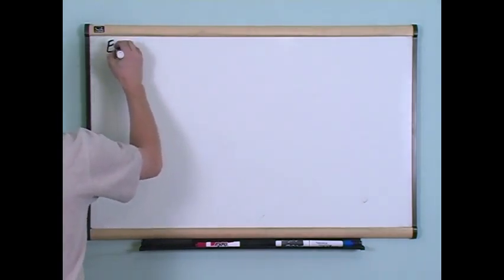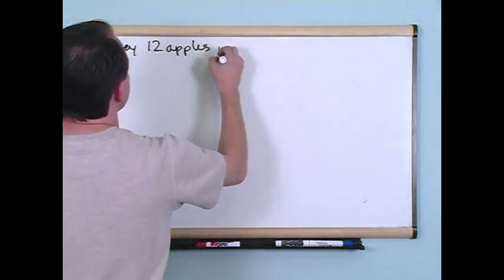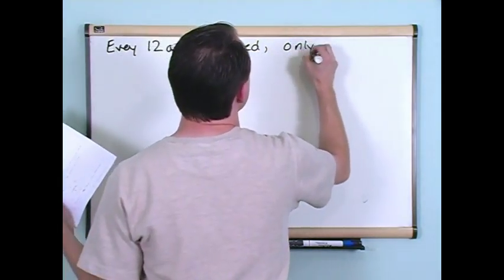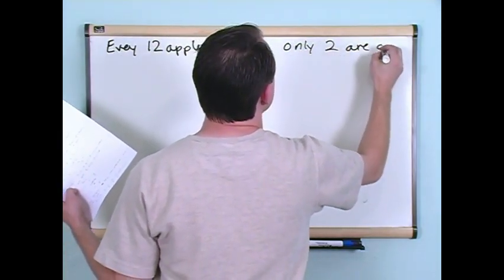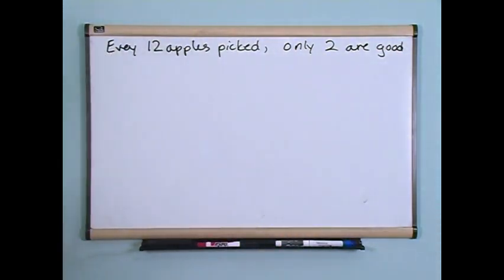So you pull 12 apples out of the bucket, and only 2 of them are good, okay? So that's not very good. That's a pretty ugly bucket of apples. 12 apples you pick out, only 2 of them are good. The rest of them are rotten, okay?